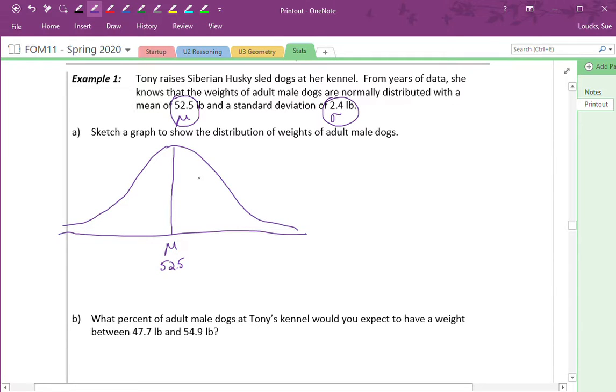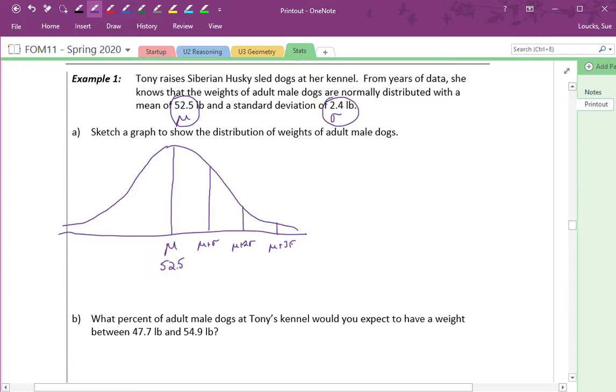And then going up, it's going to be divided into 3 pieces that are the same distance apart on the x-axis, like that, where this is going to be mu plus sigma, this is mu plus 2 sigma, and this is mu plus 3 sigma.